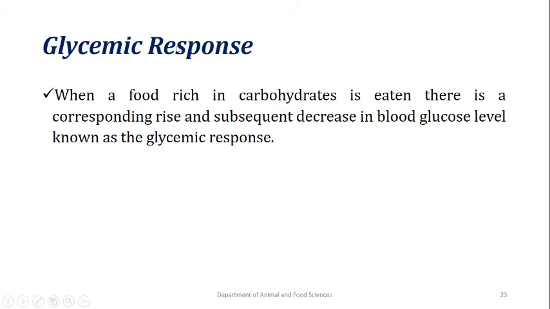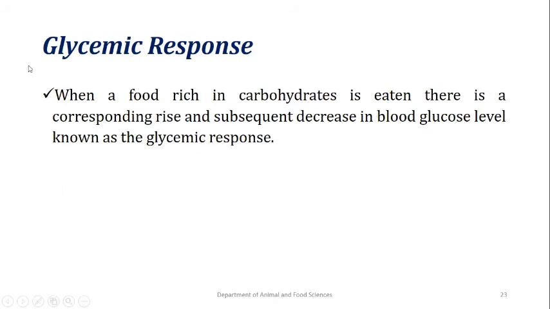And the glycemic response totally depends on the type of food as well as the type of individual. Okay, then the glycemic response is different from individual to individual, depending on the age group, gender and other factors, as well as the type of food. It is different from food to food.